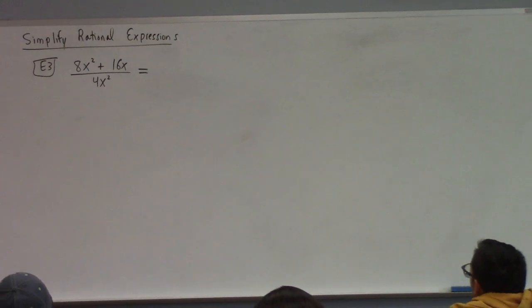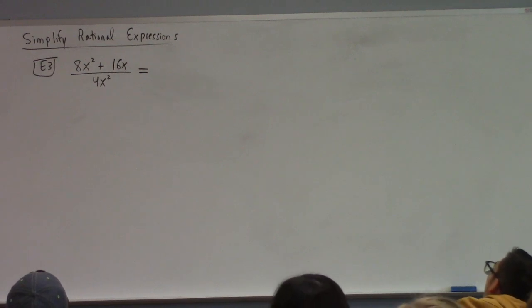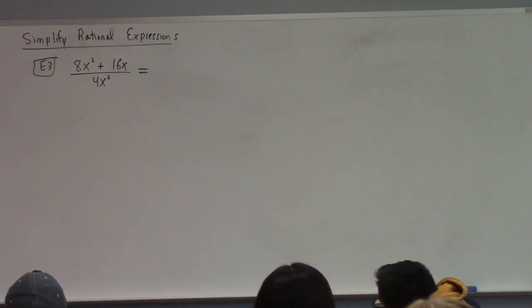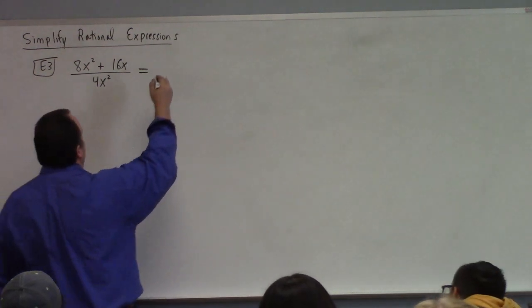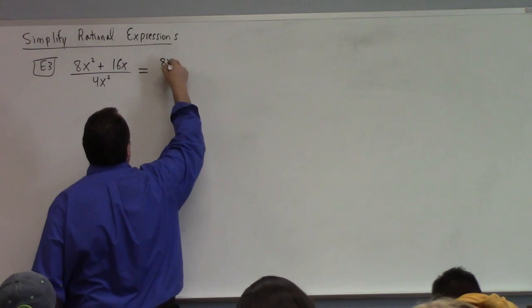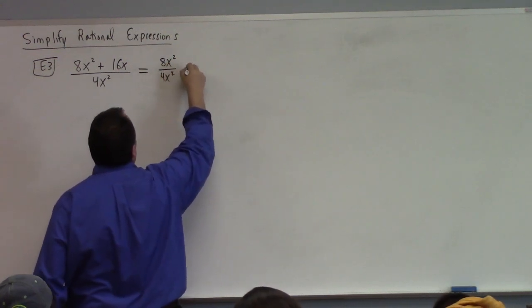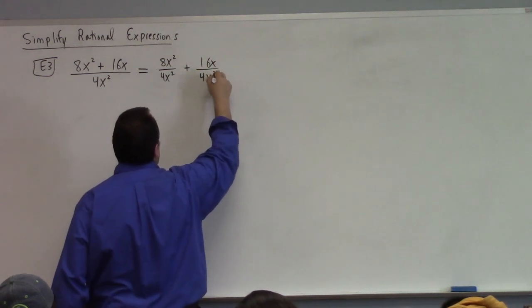So here's how that goes. We have 8x squared over 4x squared plus 16x over 4x squared.